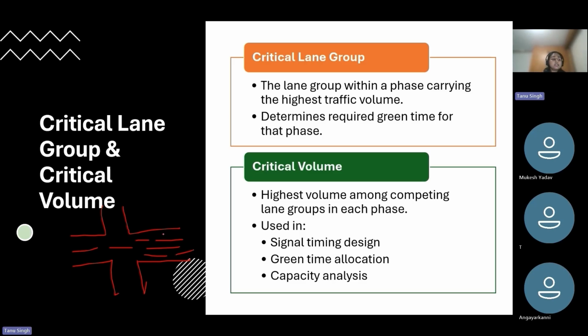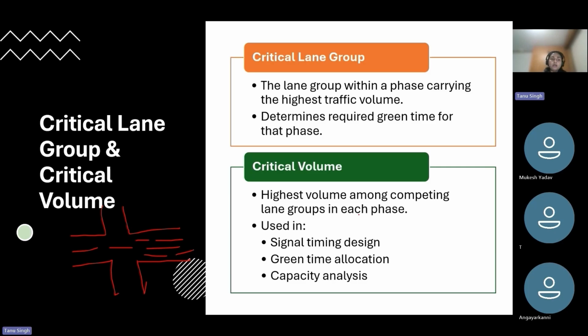So when designing signal timing, we focus on the critical lane group, because if we can serve this group adequately, then the other lane groups in the same phase can also be served. So whenever we design a signal timing or do a capacity analysis of a signalized intersection, we mainly focus on this critical lane group and its volume.